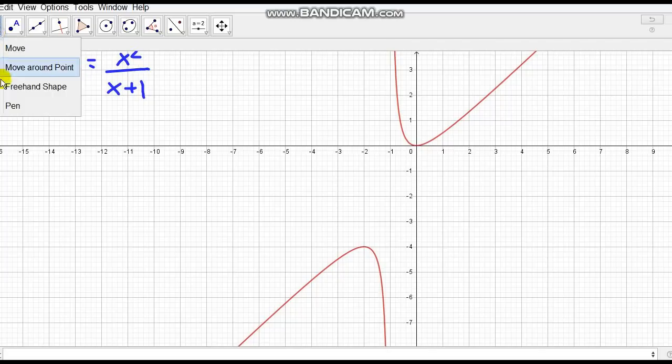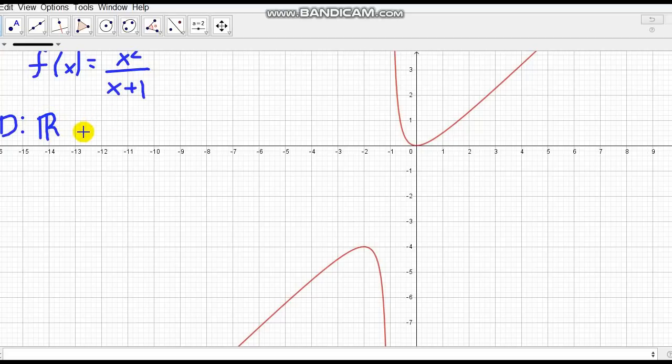So for the domain, we can write here all real numbers except x equals -1. That's its exception.